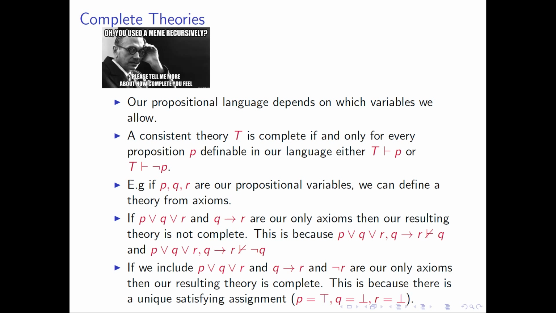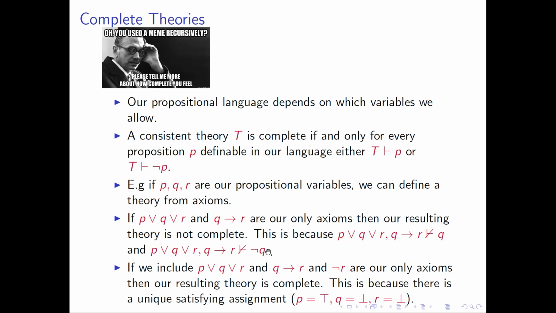For example, if P, Q, R are propositional variables, here are some examples of theories from these axioms. If these two things here are our only axioms, then we do not end up with a complete theory. We cannot talk about the proposition Q; it neither proves it nor proves its negation. So we're not in a complete theory.